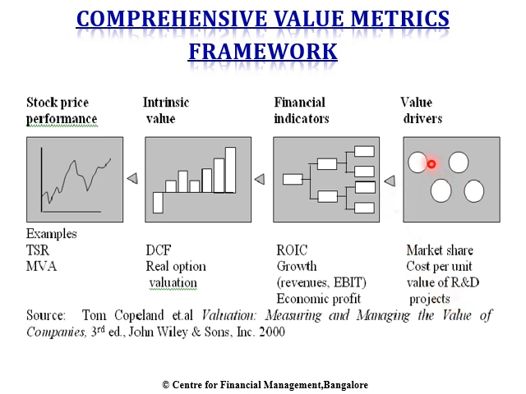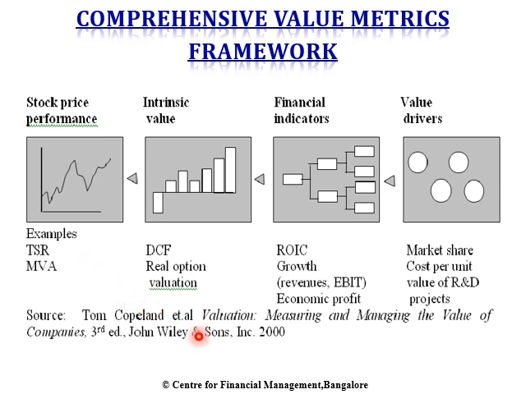Value drivers have a bearing on ROIC, growth, and economic profit or EVA, which in turn have a bearing on the DCF value of the firm. Combine the DCF value of the firm with the real option value embedded in the operation of the firm, and you get intrinsic value, which in turn has a bearing on stock market performance, measured in terms of total shareholder return and market value added.